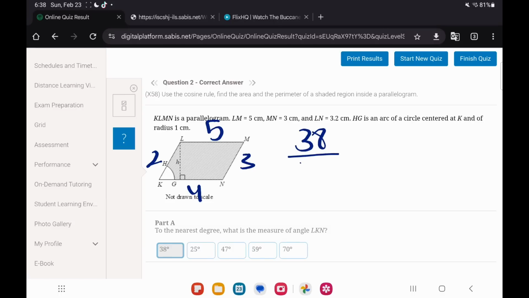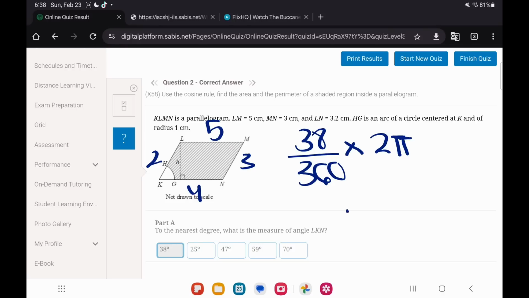So 38 over always 360 times 2 pi r, so 2 pi, because the radius is 1, and we can't really multiply anything by 1, it's the same number. So do it on your calculator, I'm going to do it on mine. 38 over 360 times 2 pi, and then keep the answer plus 2 plus 4 plus 5 and plus 3, because that's all our sides.